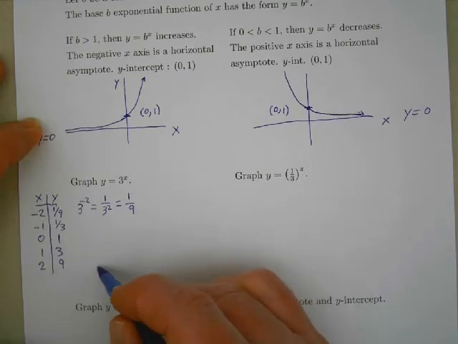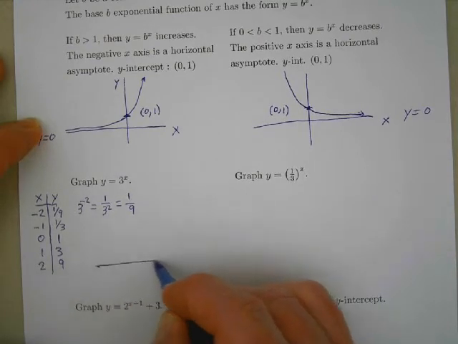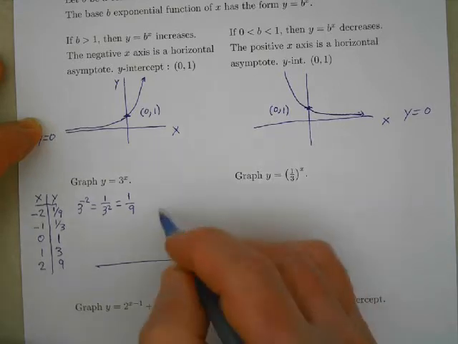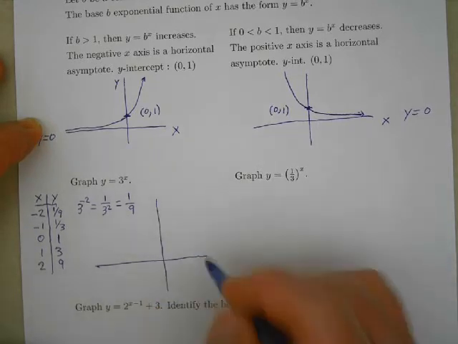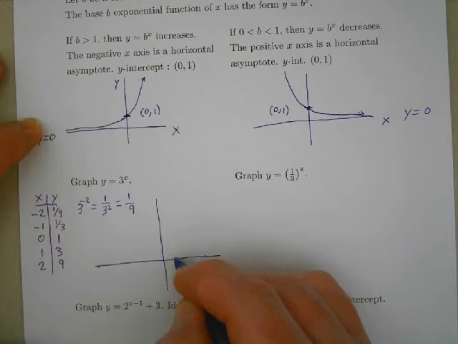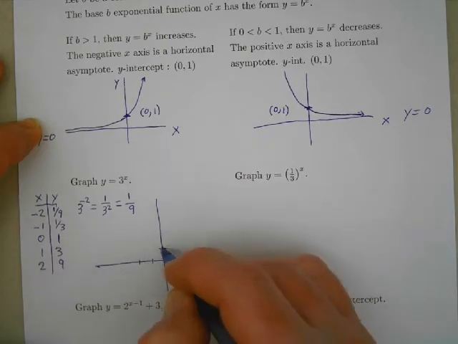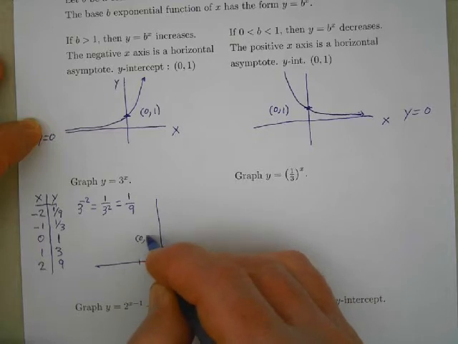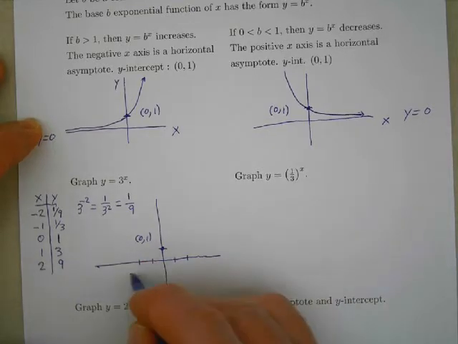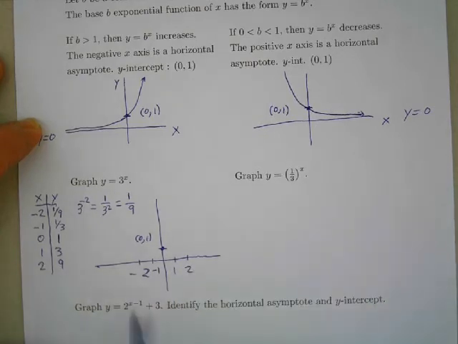Okay, so we'll get a rough sketch of this. So we'll just plot a few points. The y-intercept is (0, 1). Negative 2, negative 1, 1, and 2.